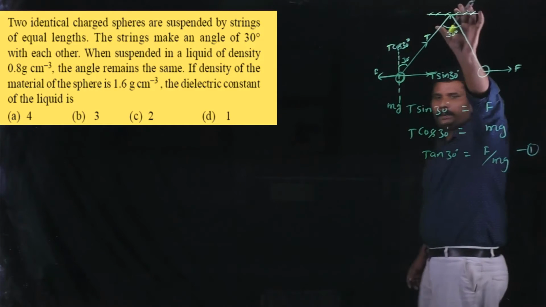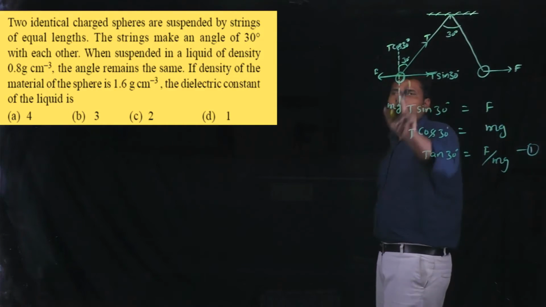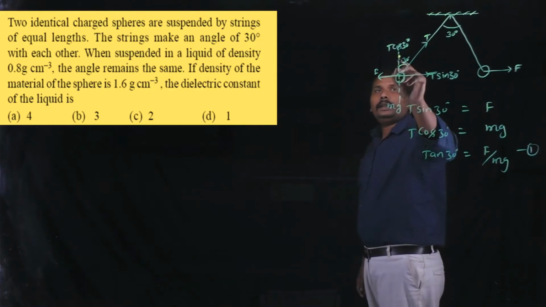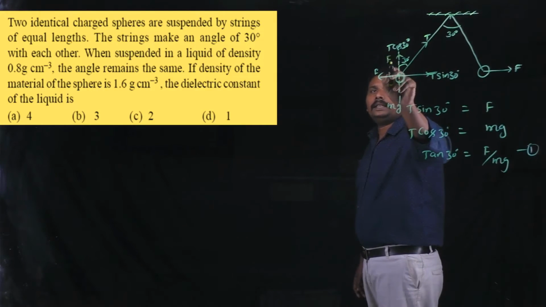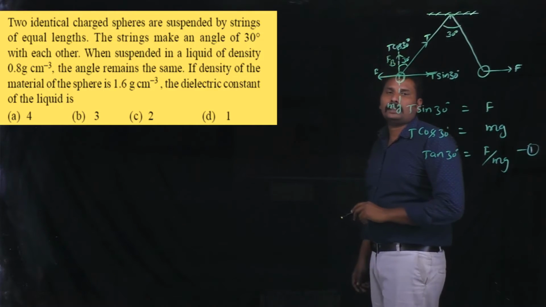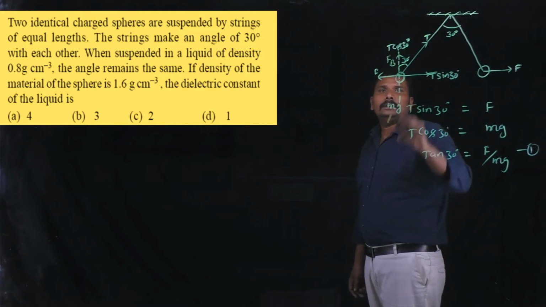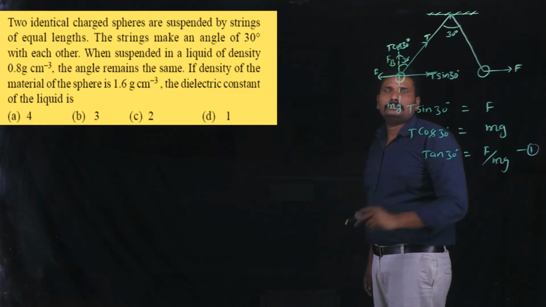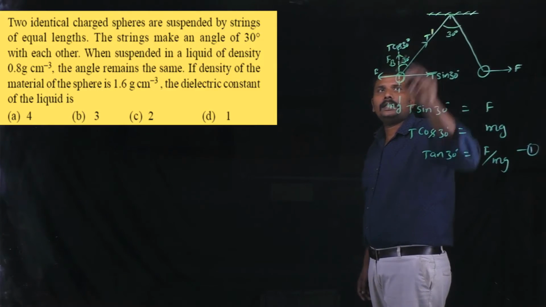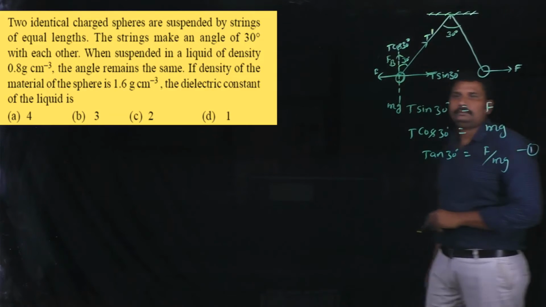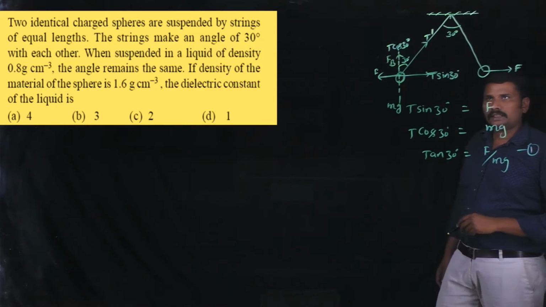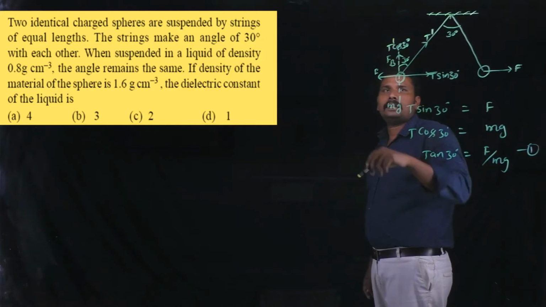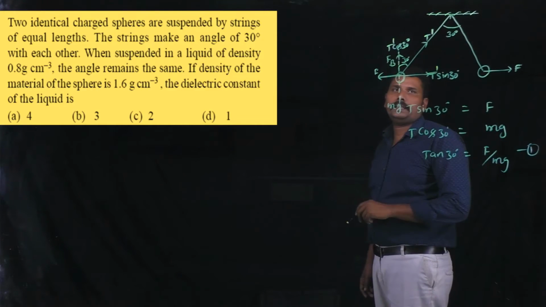Now this suspension is immersed in water. These two spheres are dipped into water. In addition, there is a buoyancy force acting on the sphere, and due to suspension of this system in water, the tension also changes to some T dash. Now, by resolving, it is T dash cos 30 and T dash sin 30.